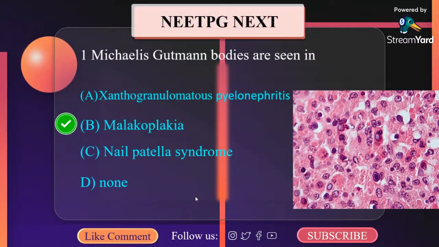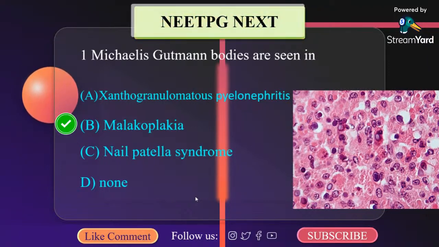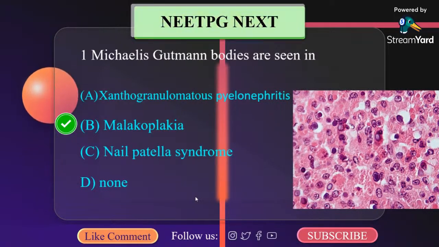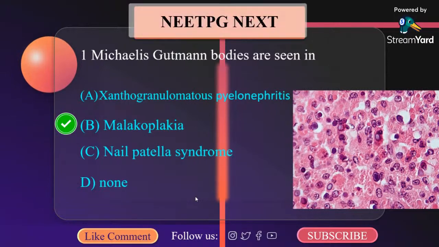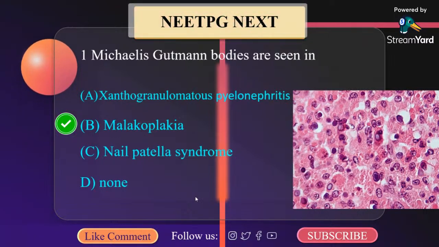Now, what is malakoplakia? Malakoplakia is a variant of cystitis. It is related to chronic bacterial infection caused by Escherichia coli or occasionally by Proteus species. It is characterized by unusual-appearing macrophages and giant phagosomes. It points to a defect in phagocytic and degradative function of macrophages.